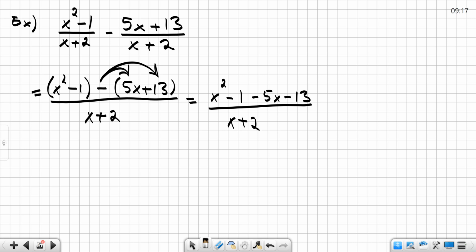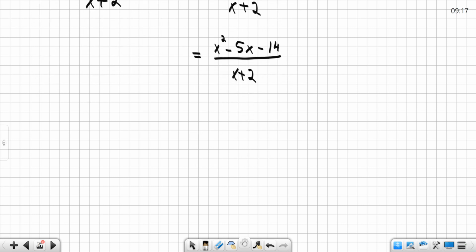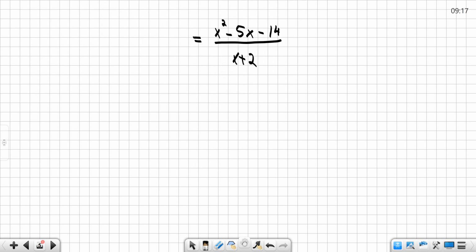Divided by x plus 2. And as before, I'm going to simplify the numerator by combining like terms. x squared, what do we have? We have a negative 5x minus 14, divided by x plus 2. When I am at this point, I will always check if I can factor. You see how important factoring is. x squared minus 5x minus 14 can in fact be factored.